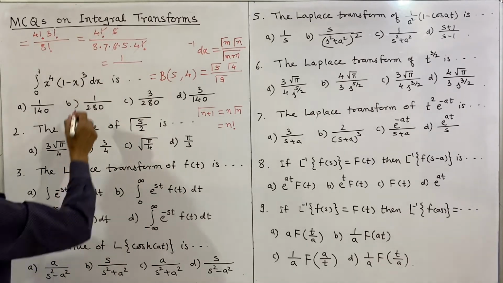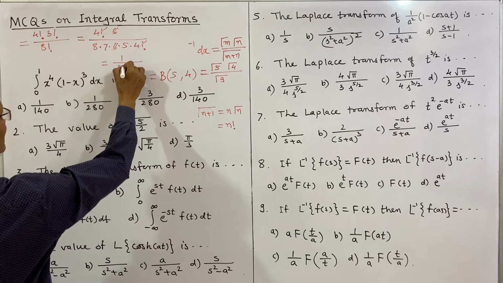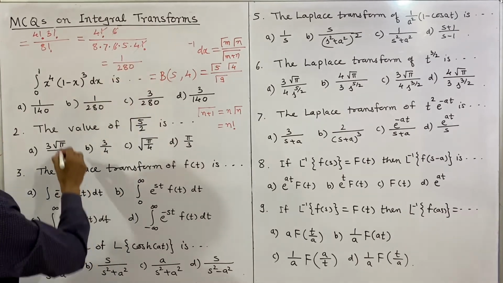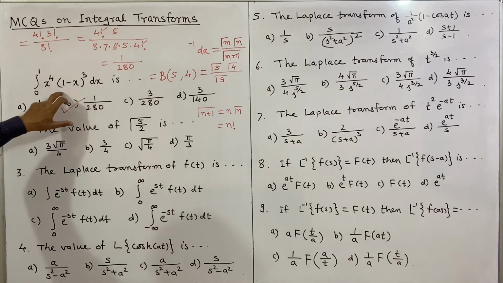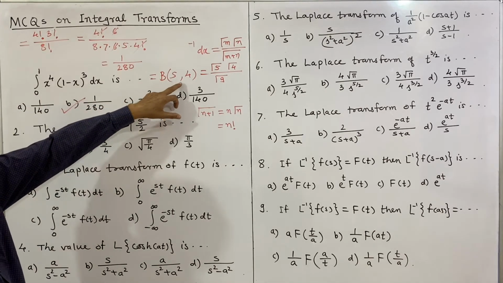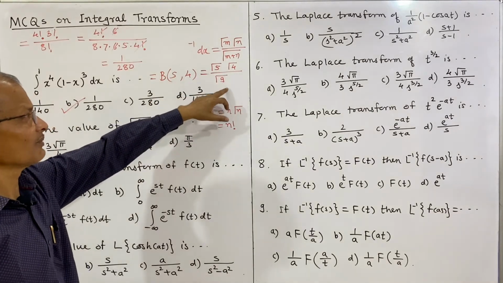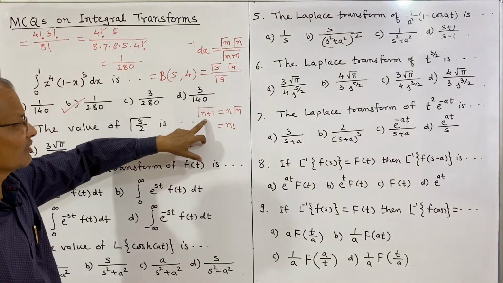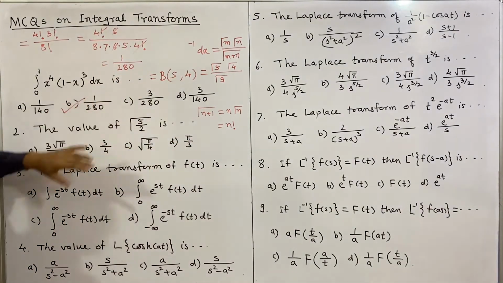So that is 8 into 5 is 40, 40 into 7 is 280, and therefore this is the correct alternative. That means here we have used the beta function. This expression is equal to beta of 5 comma 4, and that written in terms of gamma function. Gamma function result is used as gamma of n plus 1 is n factorial, and it is calculated.